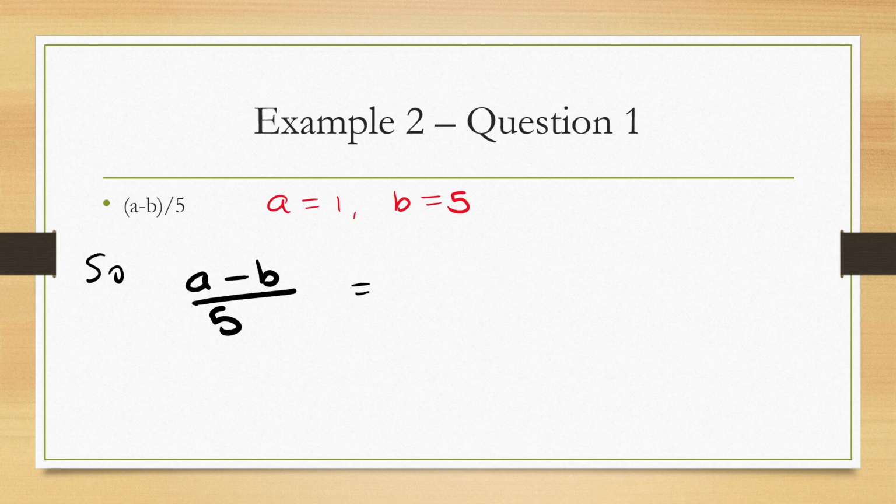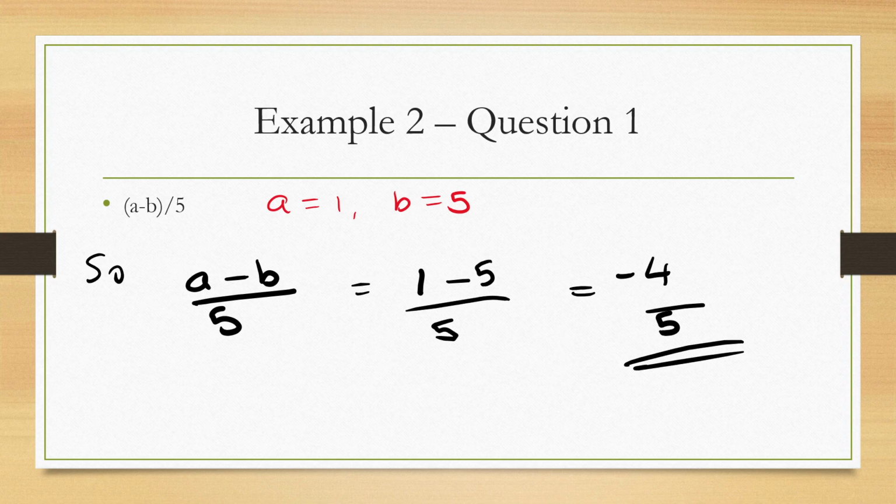And then you just substitute in the values. There's nothing much to do here. You just put in a and you put in b, and then just subtract. You just substitute in the values and do not change any order of the question. So the answer for this question is minus 4 over 5, or minus 4/5.